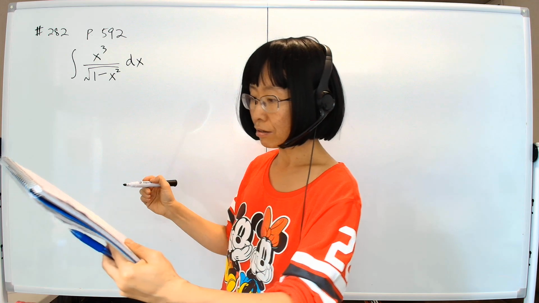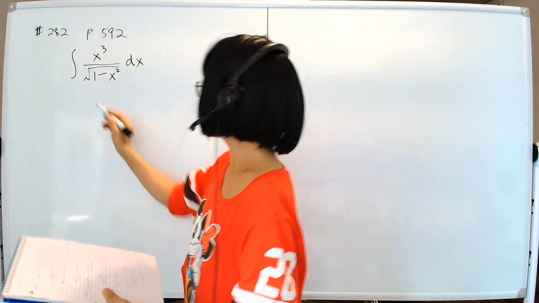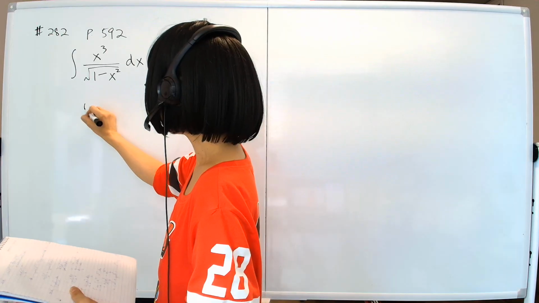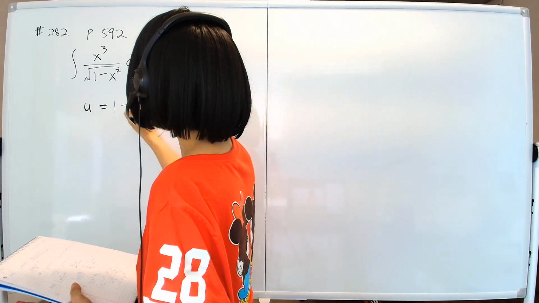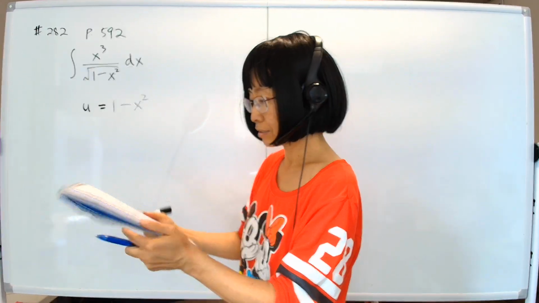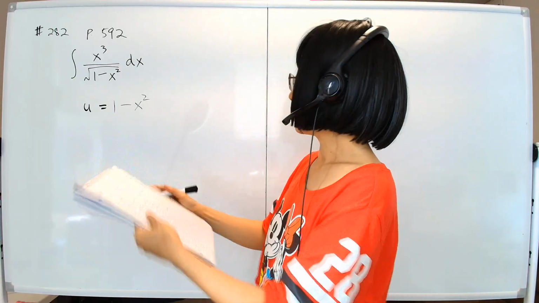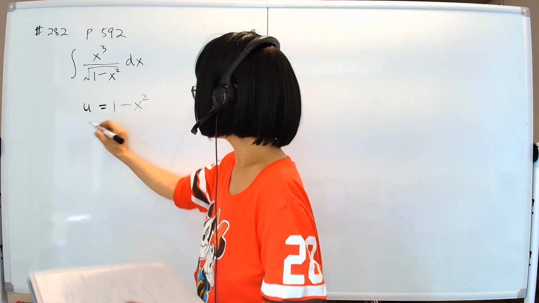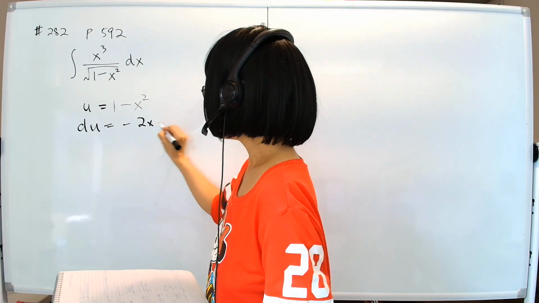Well, I decided to try u equals 1 minus x squared. That is, u equals everything under the radical sign. So let's set u equal to 1 minus x squared and see if anything comes out. In that case, we'll go through the operations, then du equals minus 2x dx.